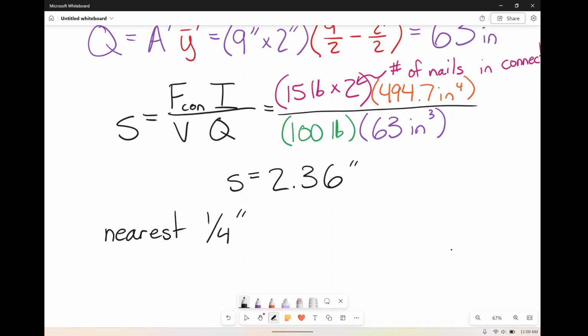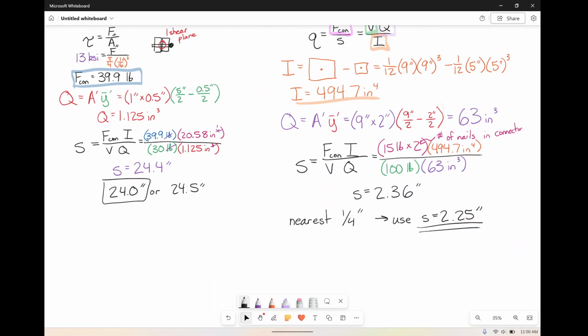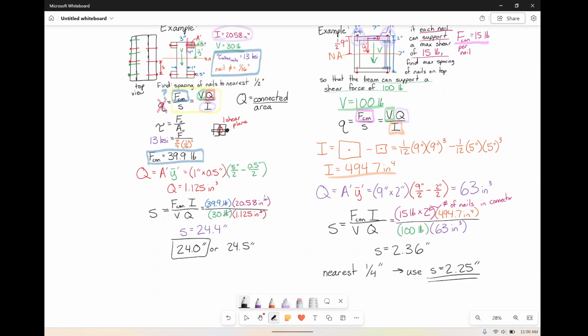Again, if you need at least a nail every 2.36, then we're going to use a spacing of 2.25. This will give us more nails than what is necessary, which is always a good thing. So hopefully, between those two examples, shear flow doesn't feel quite so terrible.